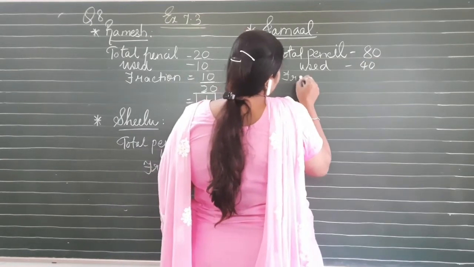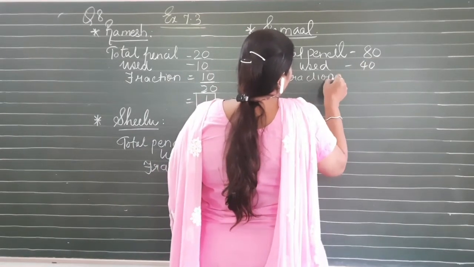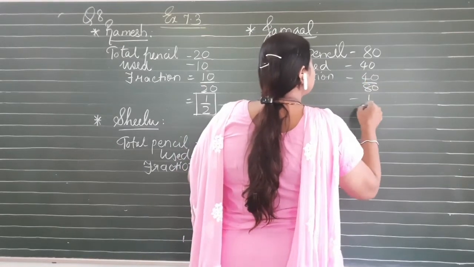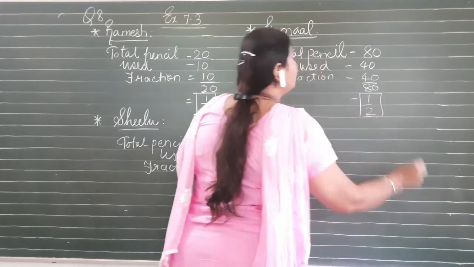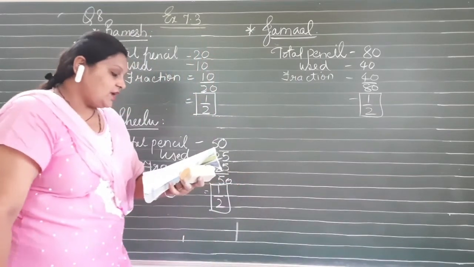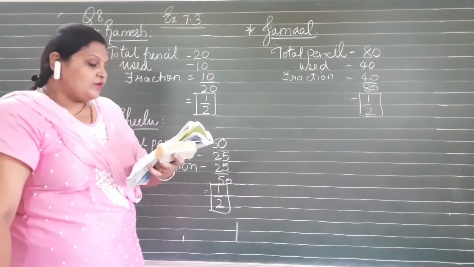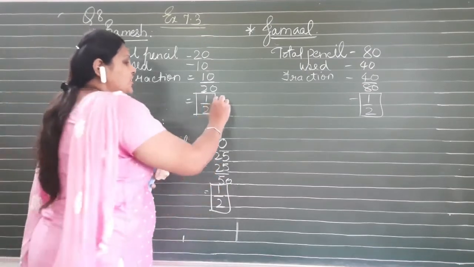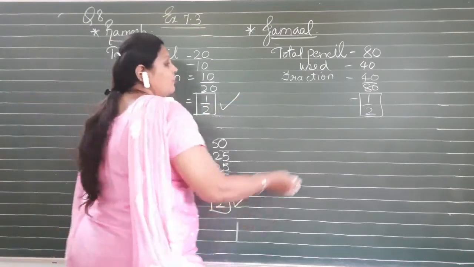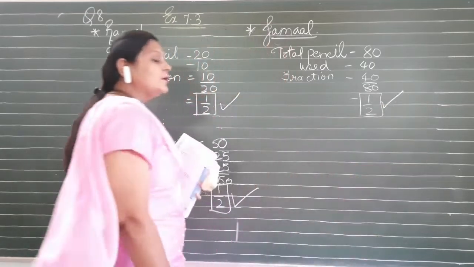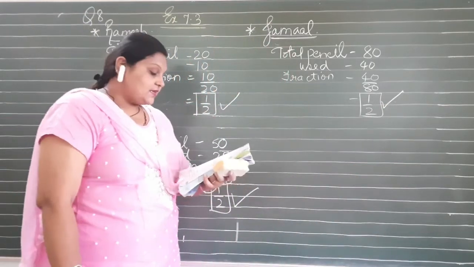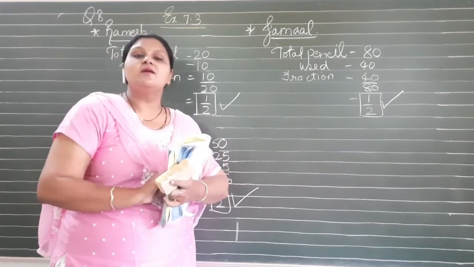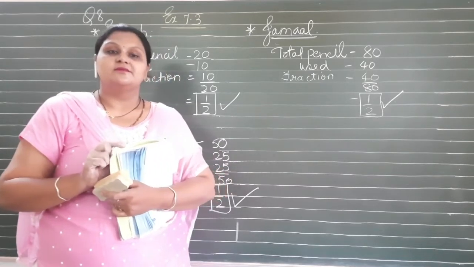So the fraction of used pencils is 40 upon 80, which is also 1 upon 2. Now the question is, check if they have used up an equal fraction of their pencils. In each case we are getting 1 upon 2, 1 upon 2 and 1 upon 2. So we can say they have used equal fractions of their pencils.